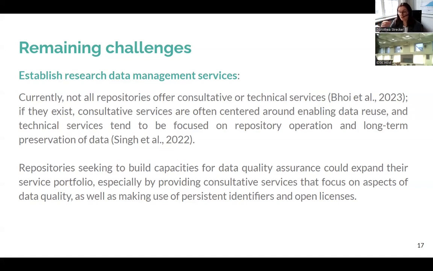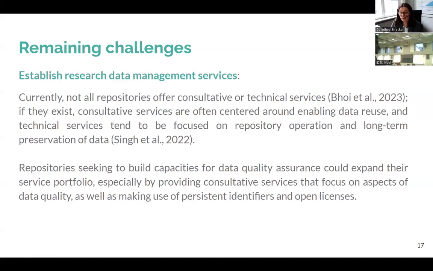So if Indian research data repositories want to build capacity for data quality assurance, I think a great way to start would be to look at the service portfolio and maybe expand it in terms of offering consulting services that do cover aspects of data quality.